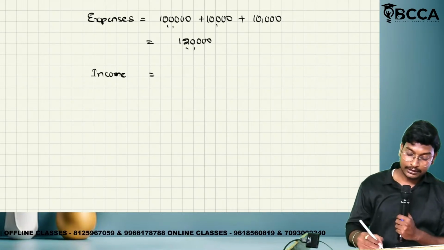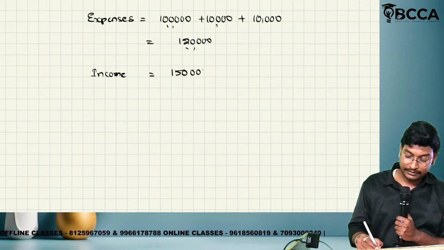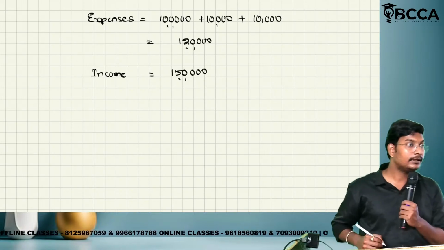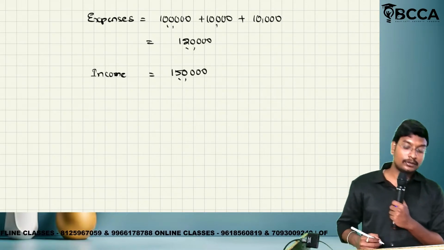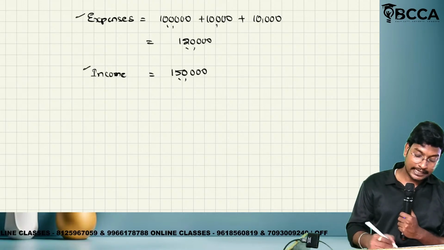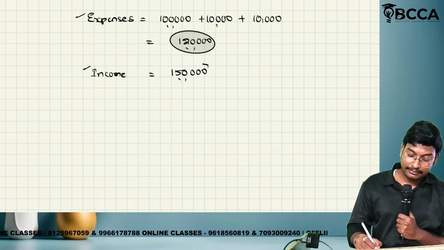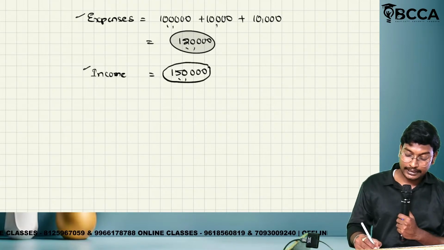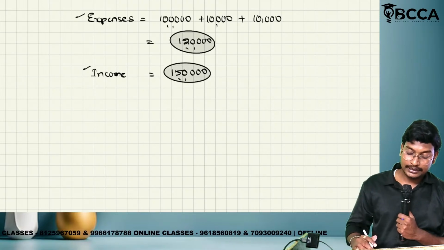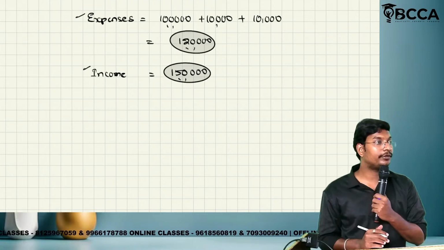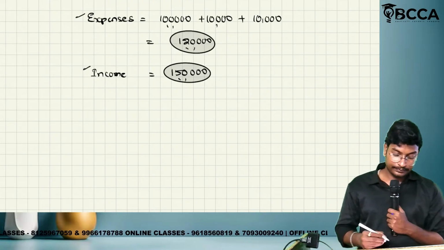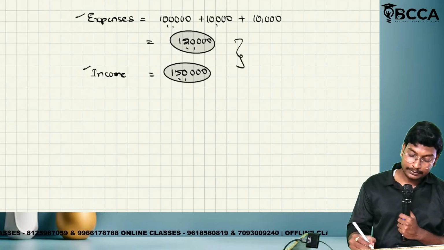So totally we have got 1,50,000 by selling the tomatoes in the market. That sales is called income. We are having expenditure of rupees 1,20,000 and income of rupees 1,50,000. So then what will we get, profit or loss?